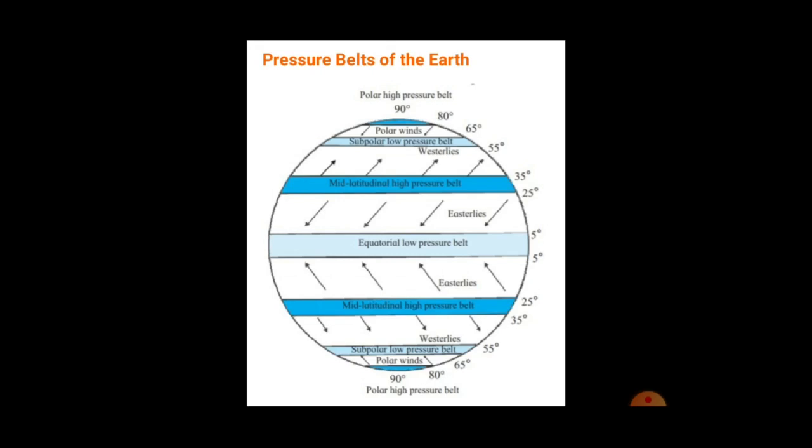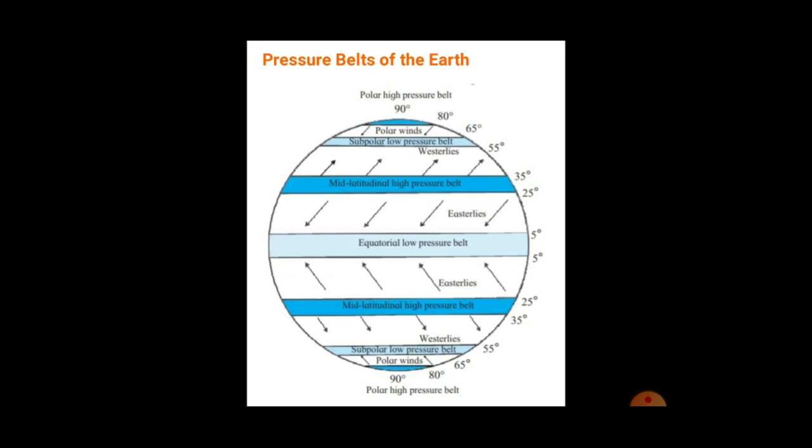Which region? Subpolar low pressure belts area. This creates a vacuum and creates a low pressure belt in this region, 60 to 65 degree latitudes in both the hemispheres. You can see here subpolar low pressure belt, right?